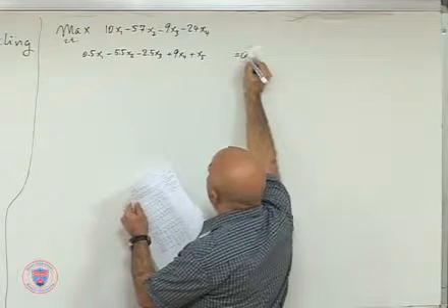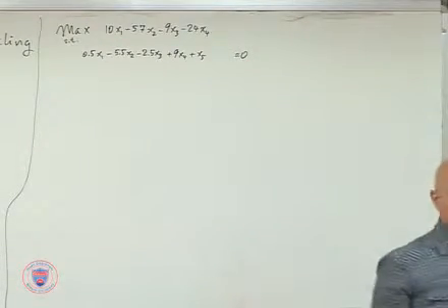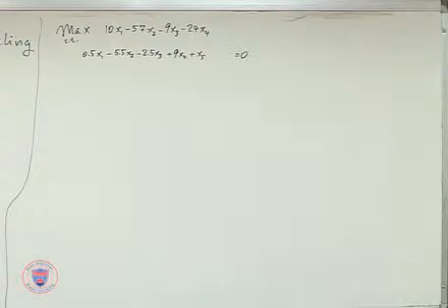The right-hand side is 0. Why is it 0? Because I want to make it degenerate, that's why.